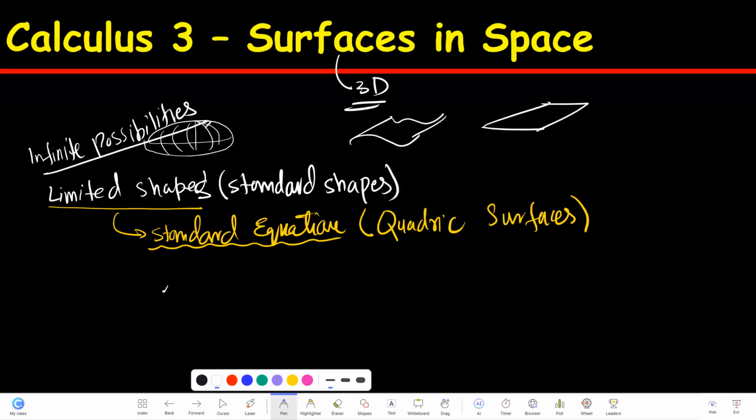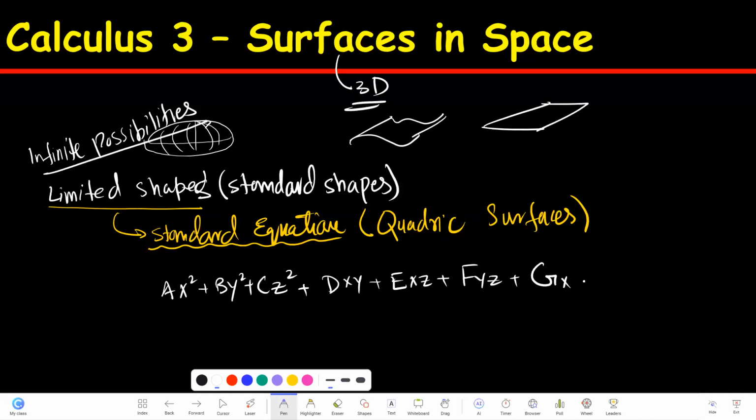Let's write this one: ax squared plus by squared plus cz squared, plus d, another constant, xy, plus e xz, sorry, xz, plus f yz plus gx plus hy plus iz plus j equal to 0.